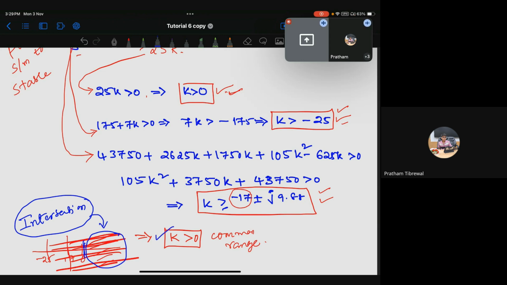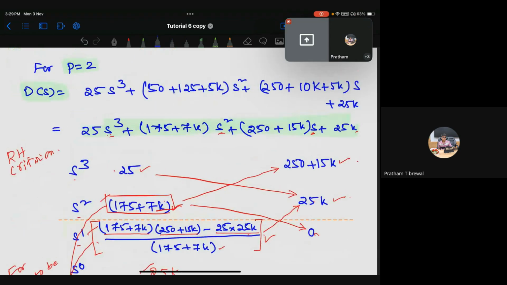So when you take k greater than 0, any value you substitute into this equation, the system will be stable. Simply, if you substitute any value of k greater than 0, you will get all roots with negative real parts.